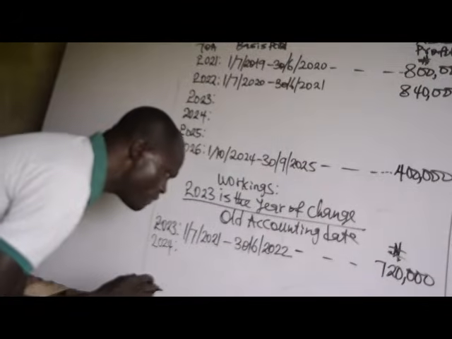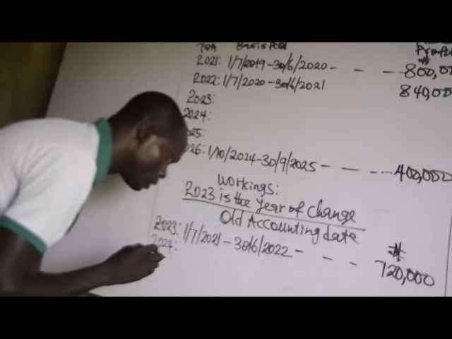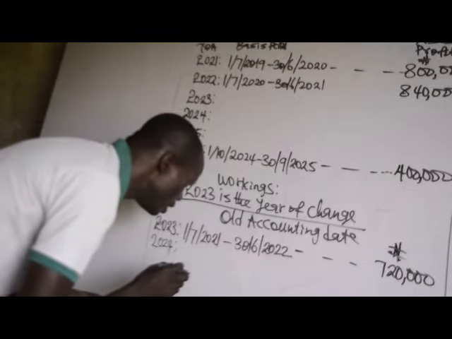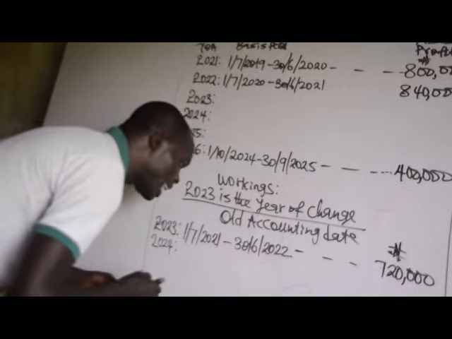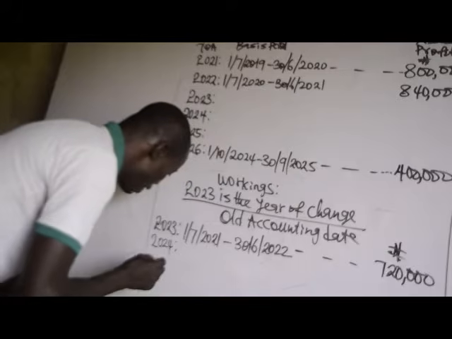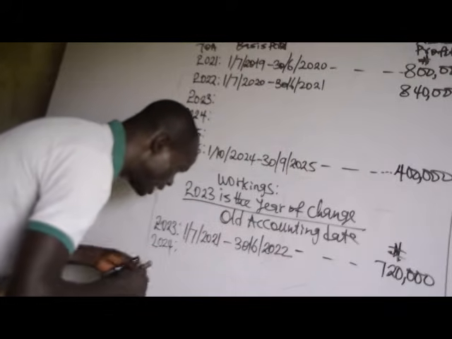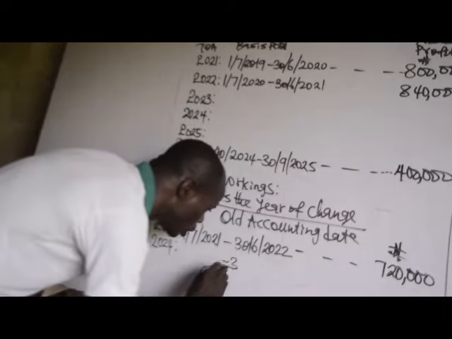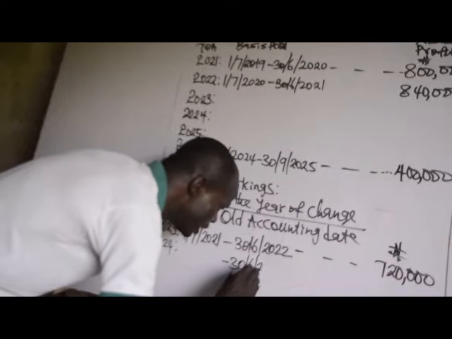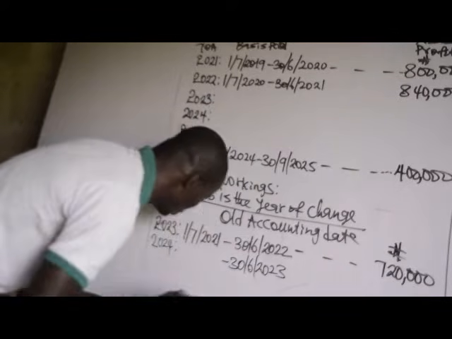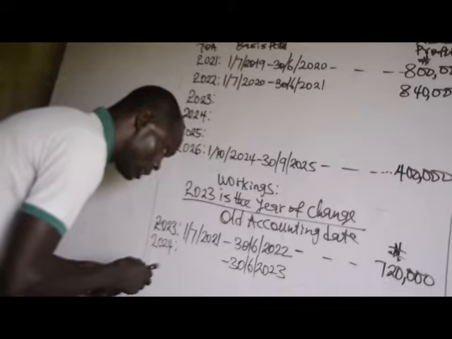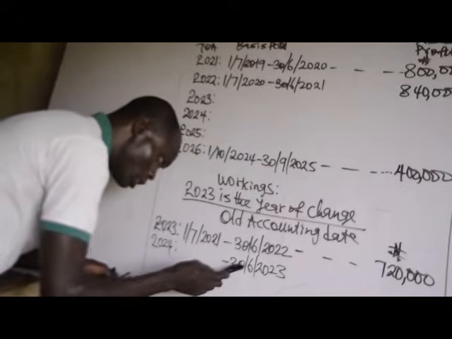After 2022, the next year that follows is 2024. If preceding year basis is used, and using the old accounting date that ended as at 30th of June every year, therefore the 2024 accounting year will end as at 30th of June 2023, using old accounting date, which is June 30.